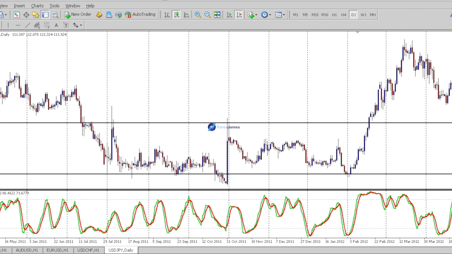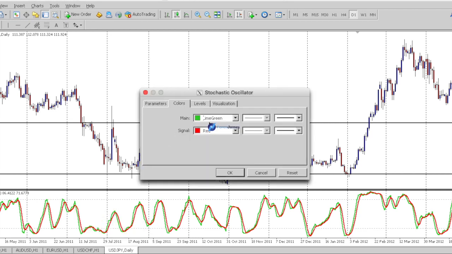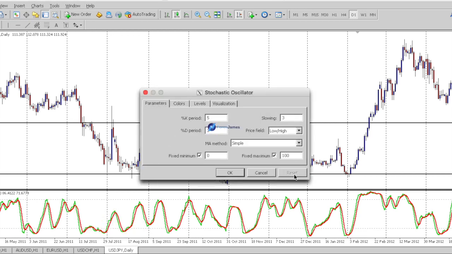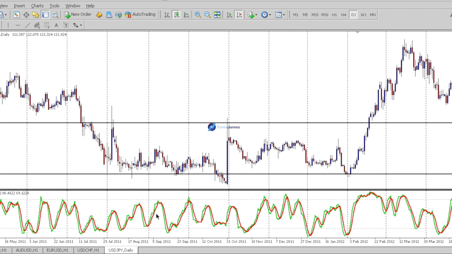I've set my stochastics to these settings here, 833. The default is 533. Okay, you'll get more signals, but some of them may be just noise.